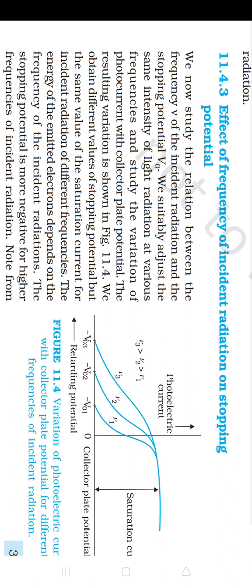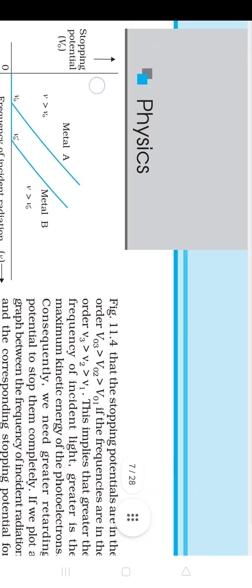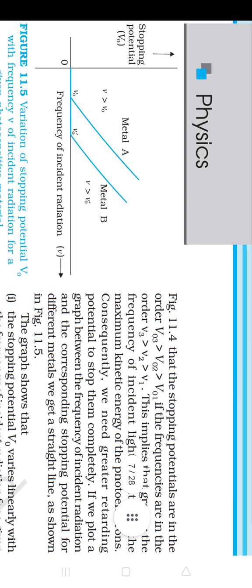We obtain different values of stopping potential but the same value of saturation current for incident radiation of different frequencies. The energy of the emitted electrons depends on the frequency of the incident radiation. The stopping potential is more negative for higher frequency of incident radiation. Note from figure 11.4 that the stopping potentials are in the order V3 greater than V2 greater than V1.